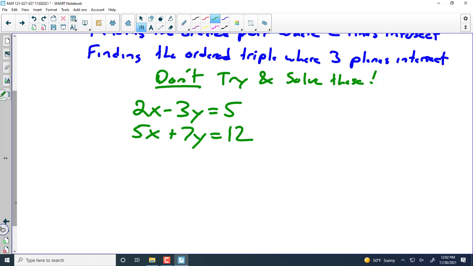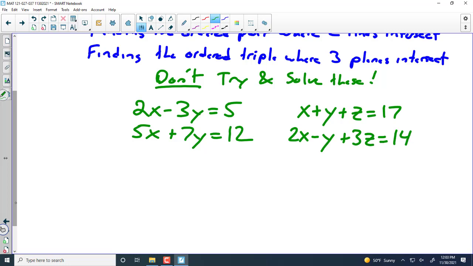You ever seen a problem like that where you try to find the x and y value where those two lines intersect? That's what we're going to do. We're also going to do ones like this. The idea is you find an x and y that make both of these true, or you find an x, y, and z that make all three of these true.